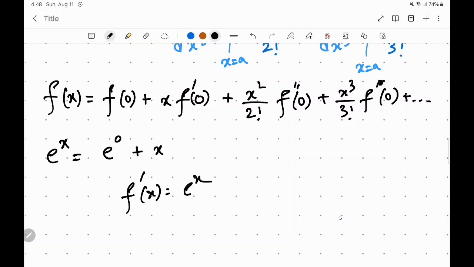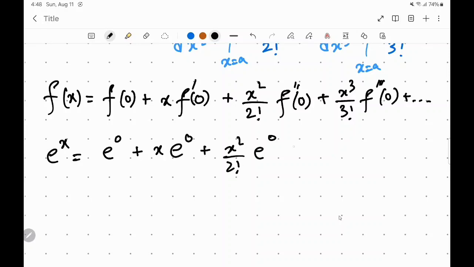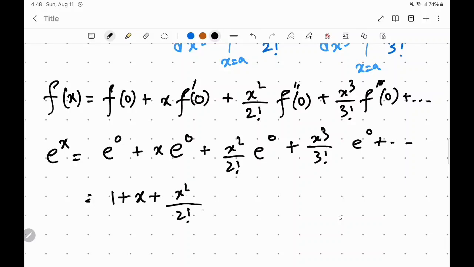So e to the power x will be e to the power 0, plus x square by 2 factorial e to the power 0, plus x cube by 3 factorial e to the power 0, and so on. So it is actually 1 plus x plus x square by 2 factorial plus x cube by 3 factorial and so on. This way you can get it.